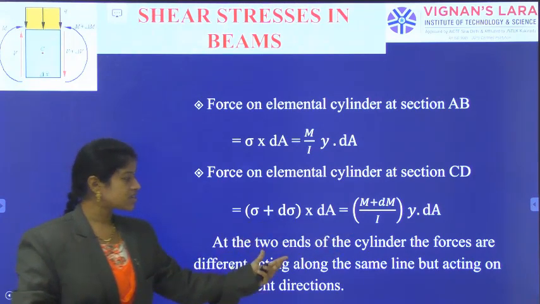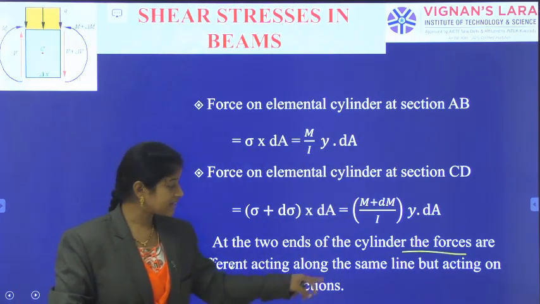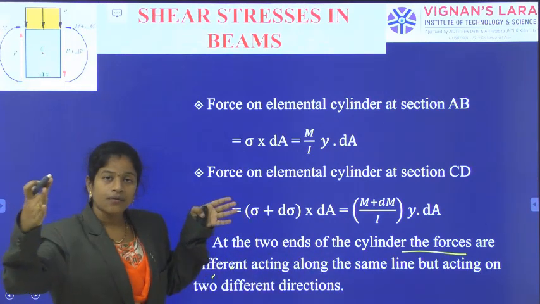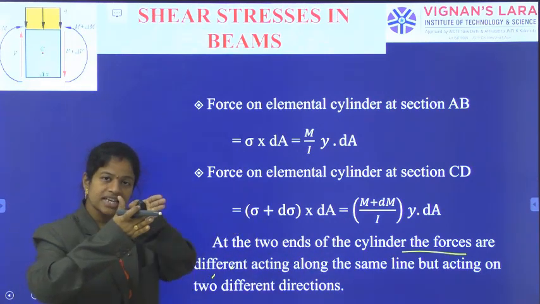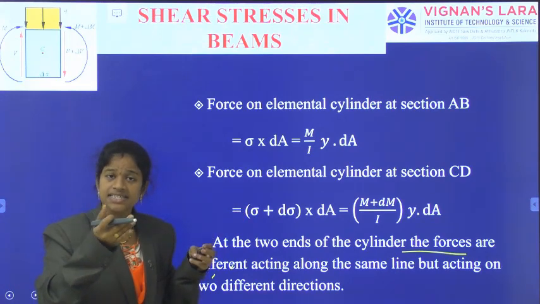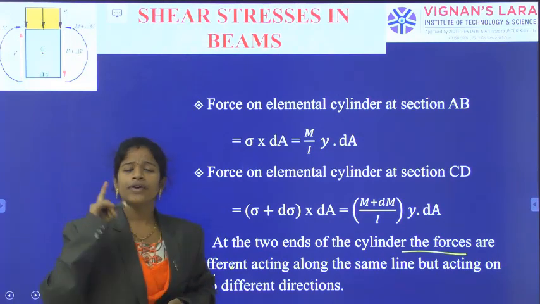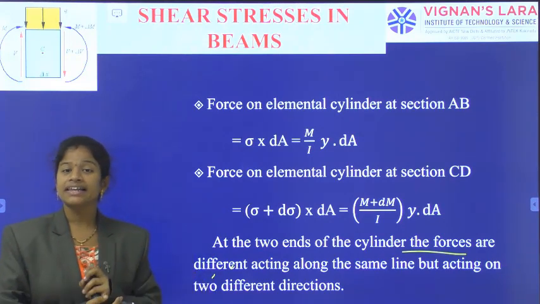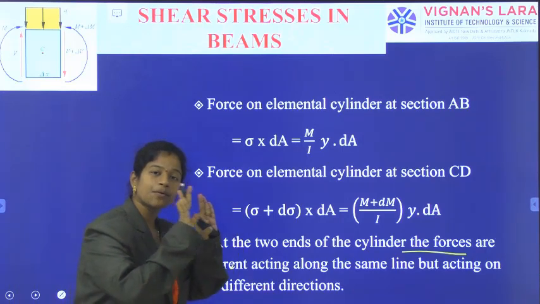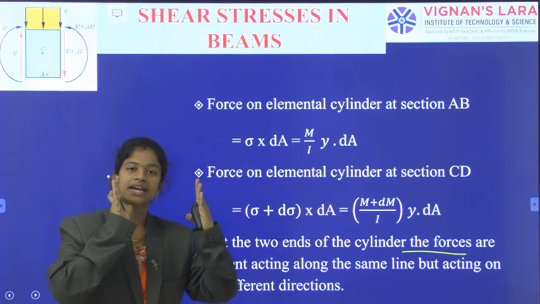These two forces are acting on the same single elemental cylinder. At the two ends of the cylinder, the forces are different, acting along the same line but in different directions. The net or unbalanced force, if anything in excess is there, will cause the body to move away. In horizontal equilibrium, if the same quantity of force comes in the opposite direction, the body will be in equilibrium.